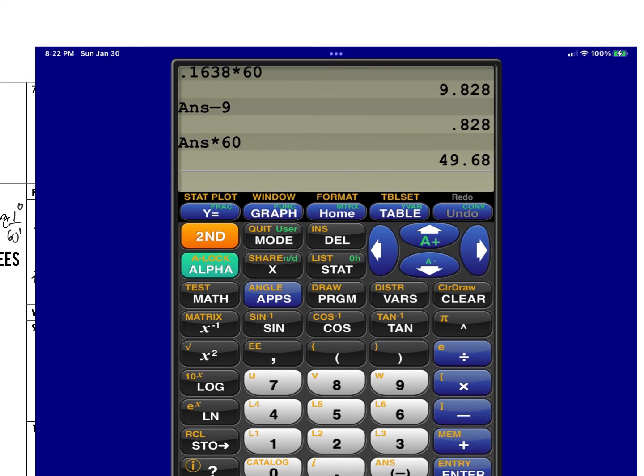Now, it's probably better if I did 0.1639, because what happened is I multiplied by 60. There's my 9. That stands for my 9 minutes. Took away the 9 minutes, and now I have 0.83828 left. Times that by 60. It's only giving me 49.68. That would round to 50 if you wanted to be totally honest. But that's what we started out with.